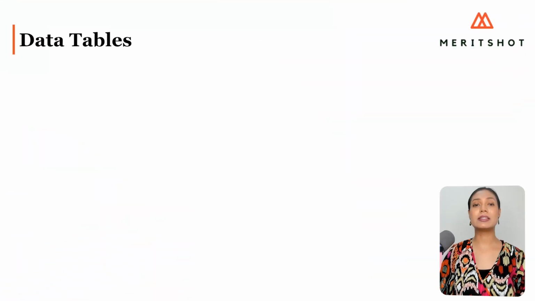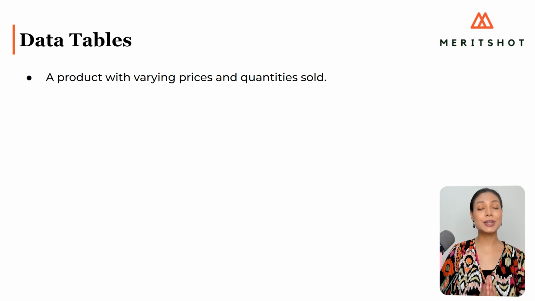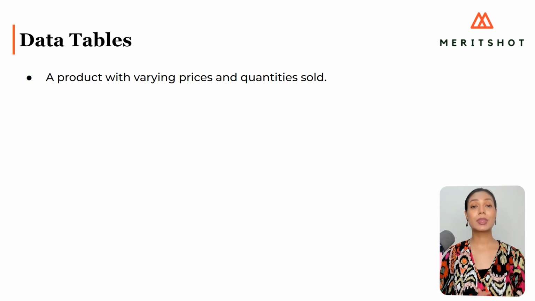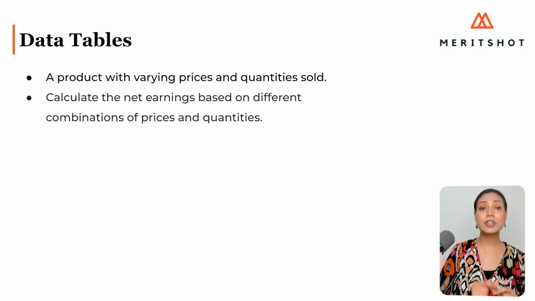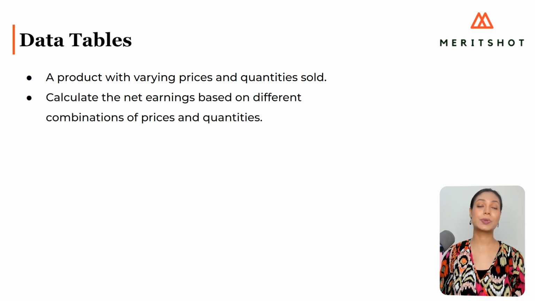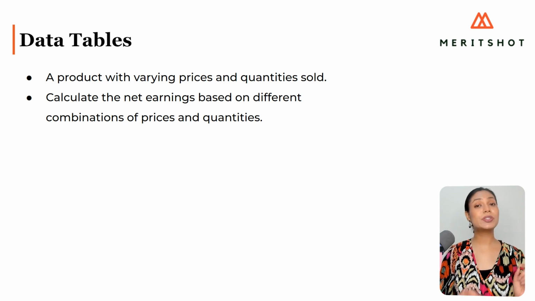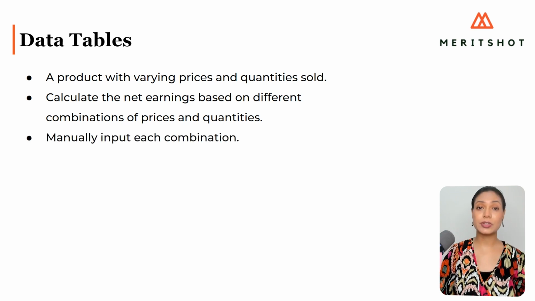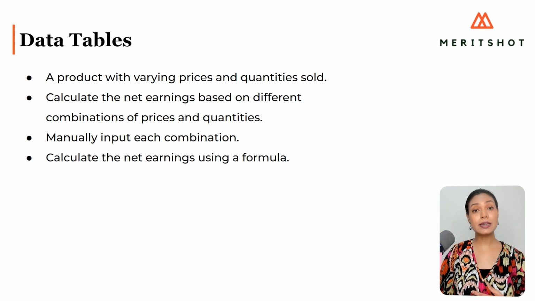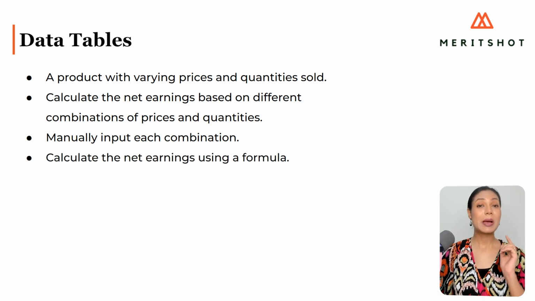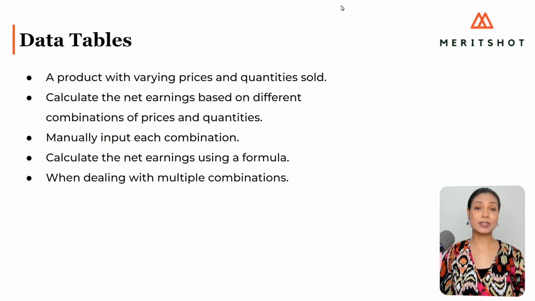To understand this concept better, let us consider a scenario where you have a product with varying prices and quantities sold. You want to calculate the net earnings based on different combinations of price and quantity. Normally, you would manually input each combination and calculate the net earnings using a formula. But this can be time-consuming and prone to error, especially when dealing with multiple combinations.